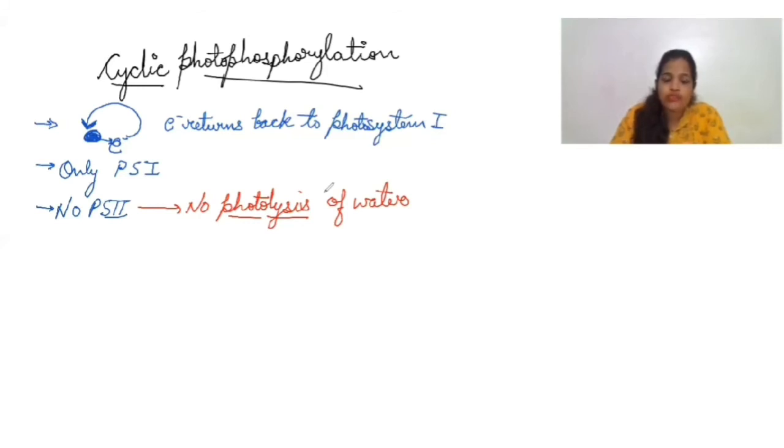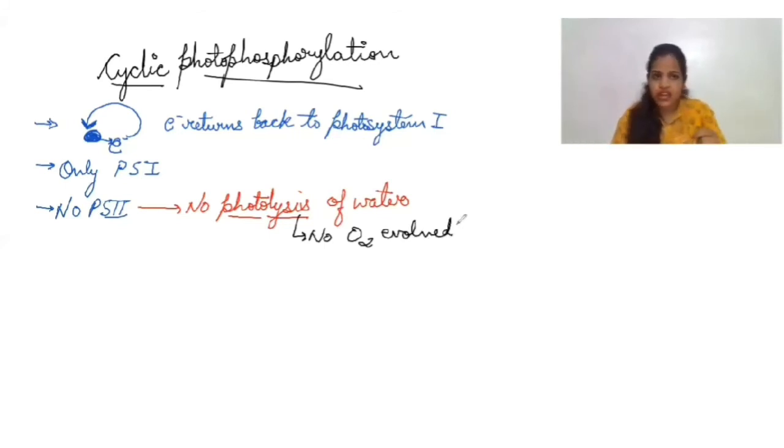Oxygen is not formed in the process. No oxygen evolved. Now, we can make a complete link, right? And on this link only questions are asked. Photosystem 2 absence is the reason for no photolysis, and no photolysis is the reason for no oxygen evolution.